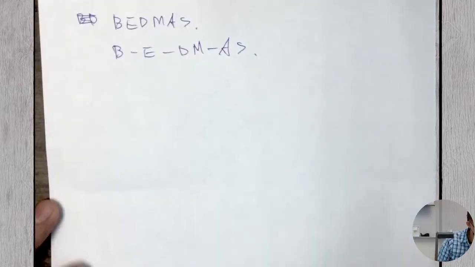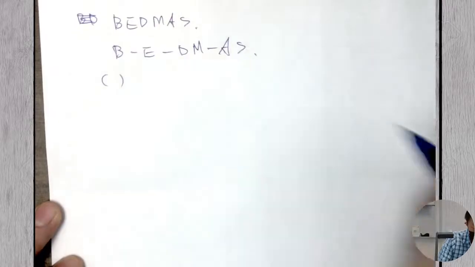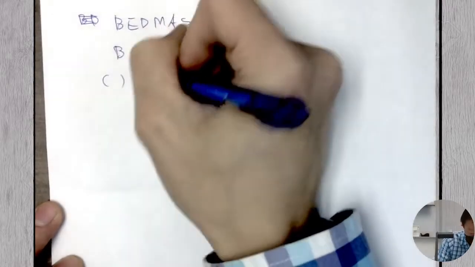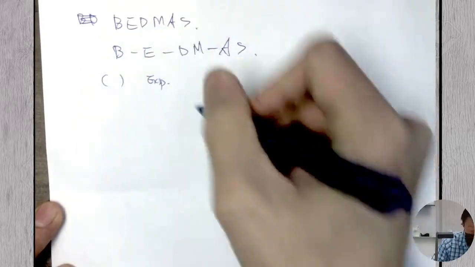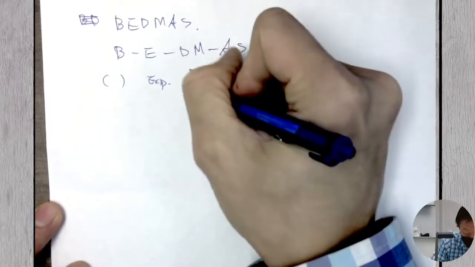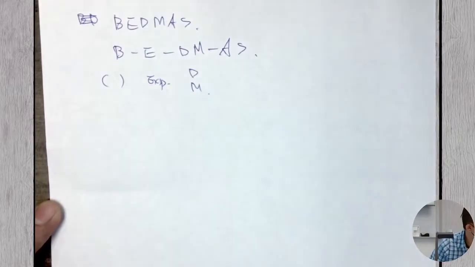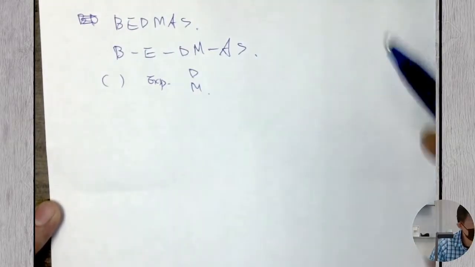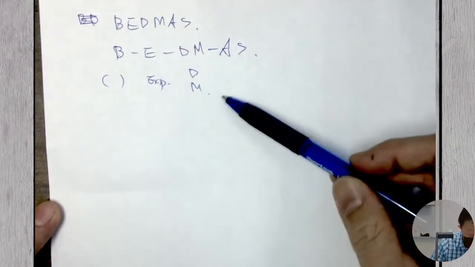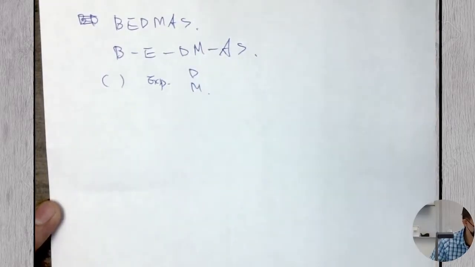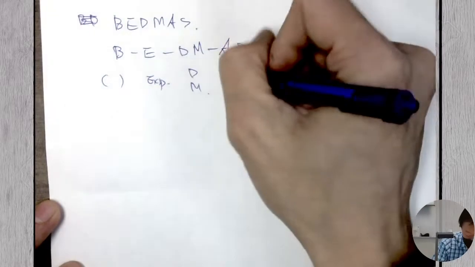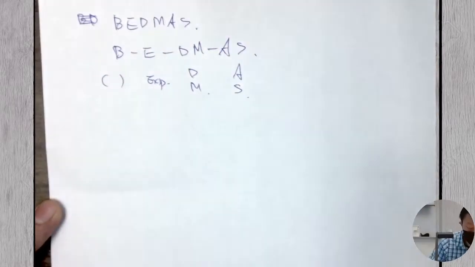The reason why is we're going to do the bracket first and then do the exponent, and then division and multiplication. You can decide which order you want to do. You can do all the divisions first and then all the multiplication, or you can do one at a time. Doesn't matter. Okay, and then you do your additions and subtractions.